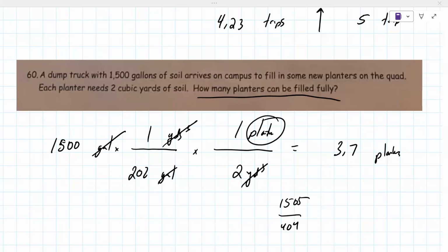Let me go through them really quickly. And we do 19. Sure.